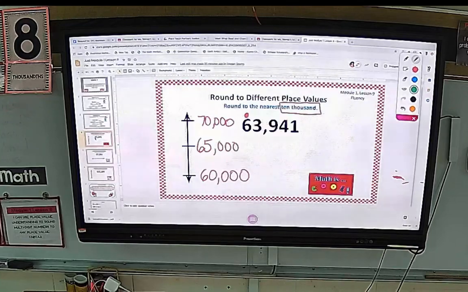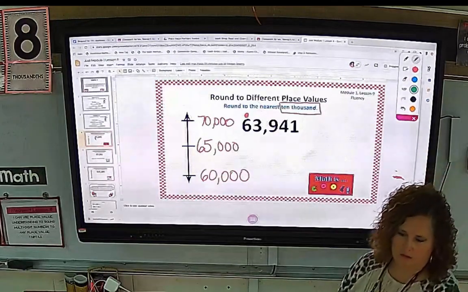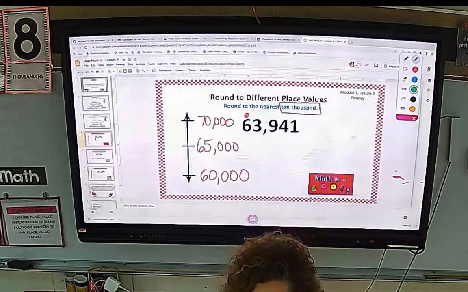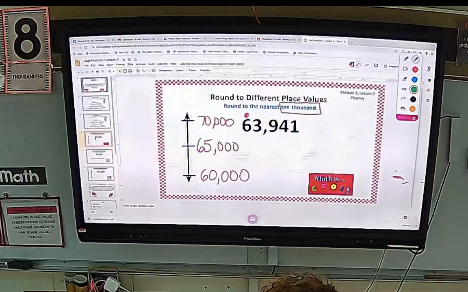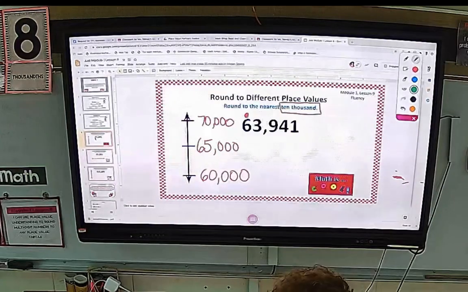Put your number on the number line if you're using a number line. Put the dot on the number line where your number goes. Where does this go on the number line? 63,941. About. Okay.